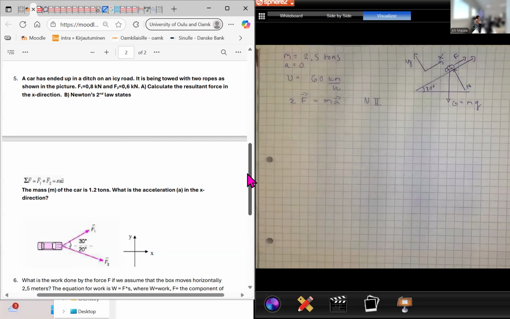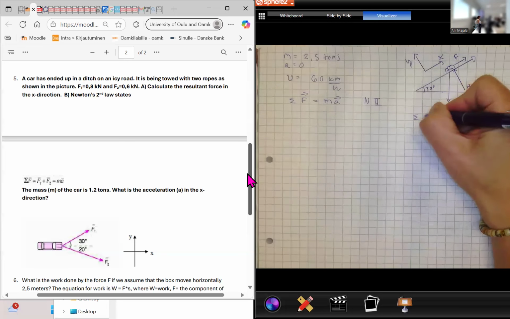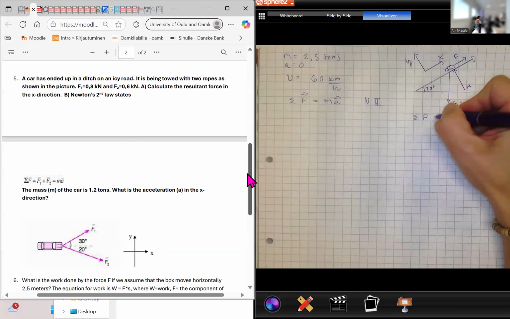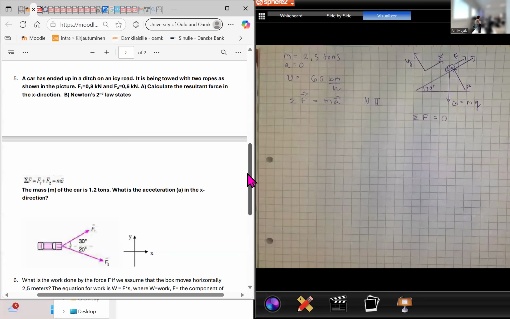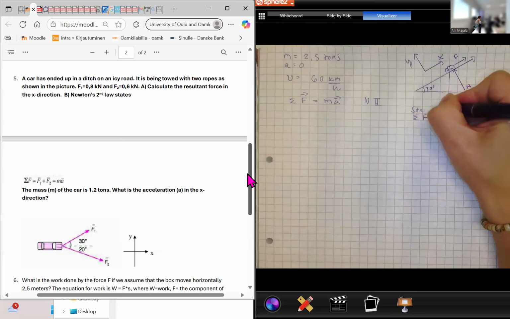Here it's moving, okay, but when you have it stationary, you have to have the acceleration 0. So all the forces have to be 0 if it's stationary, if it doesn't move.